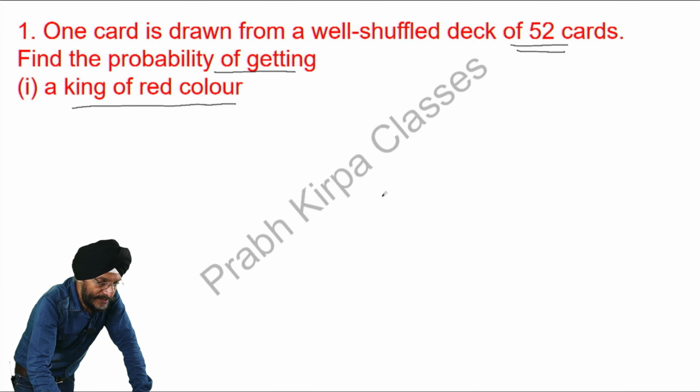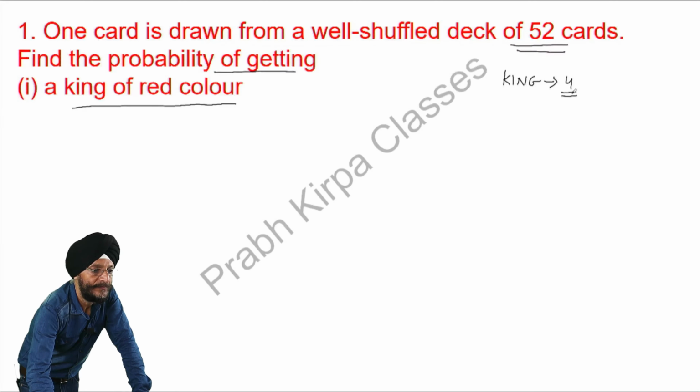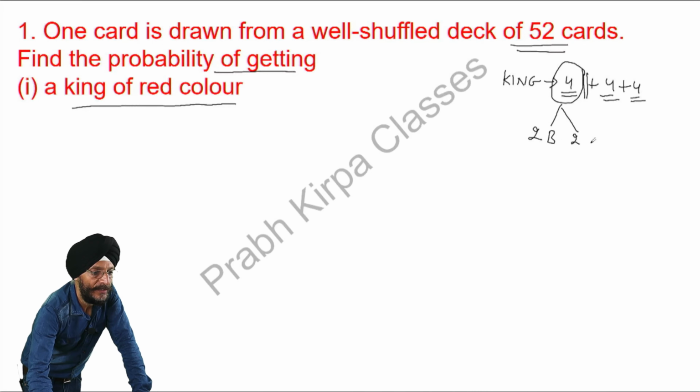Now you understand that we have seen that in the cards, kings are 4, queens 4, and jacks 4. Out of these 4 kings, 2 are black in color, 2 are red in color.